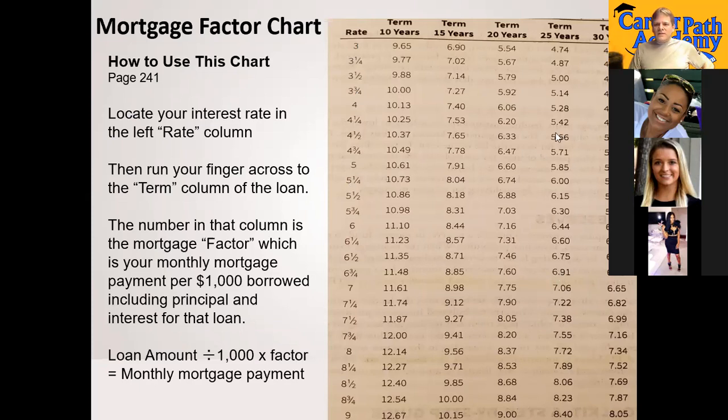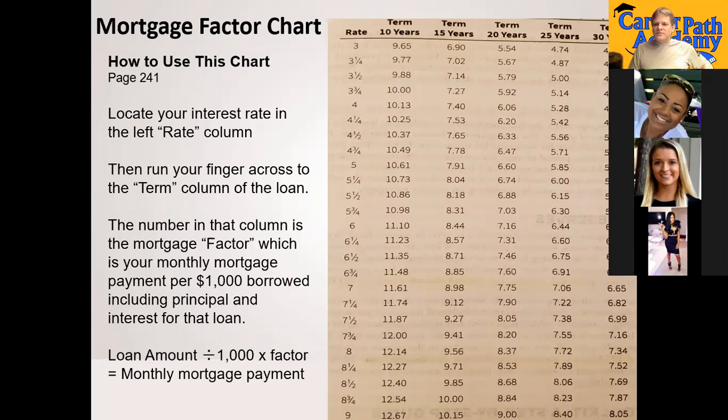Now, what are these numbers over here? So 5% at 30 years is 5.37, right? So what is that 5.37? For every $1,000 that you borrow, your monthly mortgage payment is $5.37. This is not a percentage.